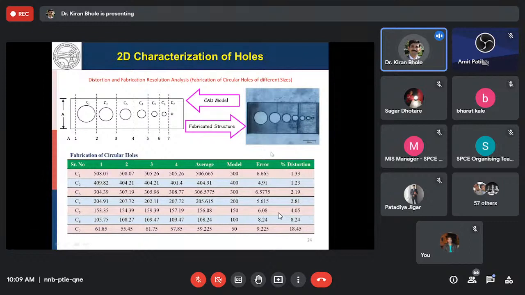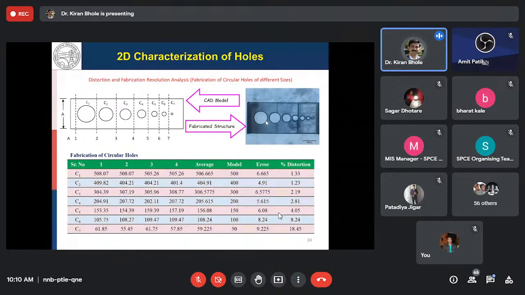A very important point to tell here is that this is the case of hollow circles. These are all hollow circles, and the outer part is cured, solidified, and the circles are nothing but hollow. When the circles are hollow, the obtained dimensions are bigger than the model dimensions. This is because of the shrinkage during the photopolymerization.